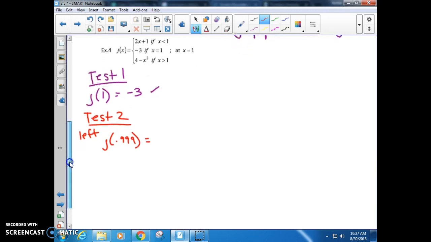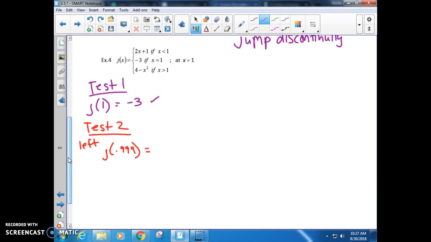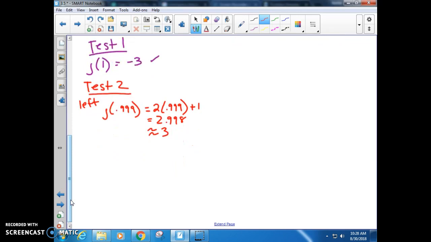Because that is less than 1, we would be plugging into the top function. So we end up getting 2.998, which is just about 3. We're going to round that to 3.